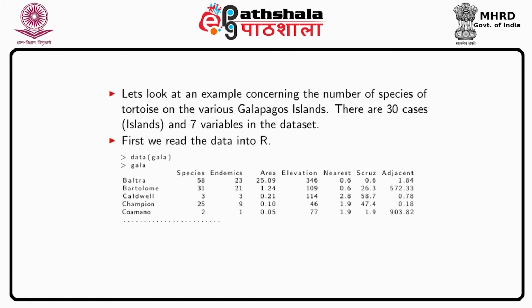We first have the name of the species, and then we have the frequencies for each of the species. We have the endemics, the area from which they have come, and the elevation of that particular area. We have the distance to the nearest neighbor. We have scruz and the adjacent measures taken for this particular data set.